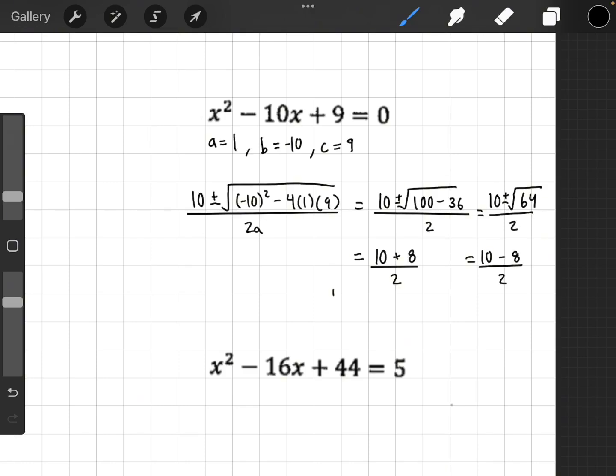So this is 18 divided by 2 equals 9. And this is 2 divided by 2, which equals 1. So x equals 9 and x equals 1. Final answers.